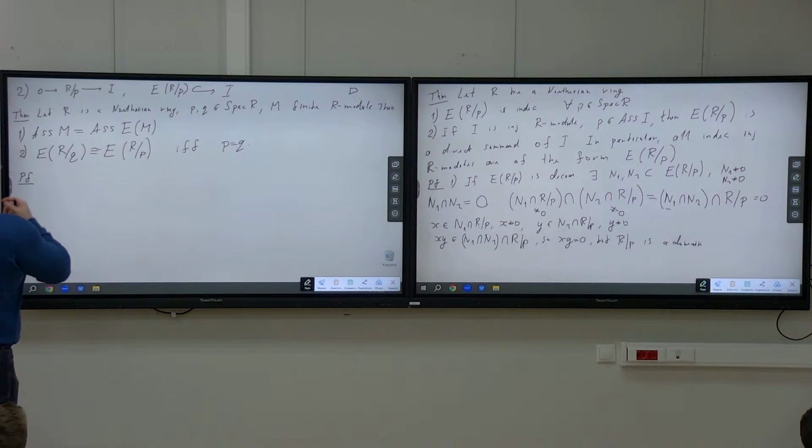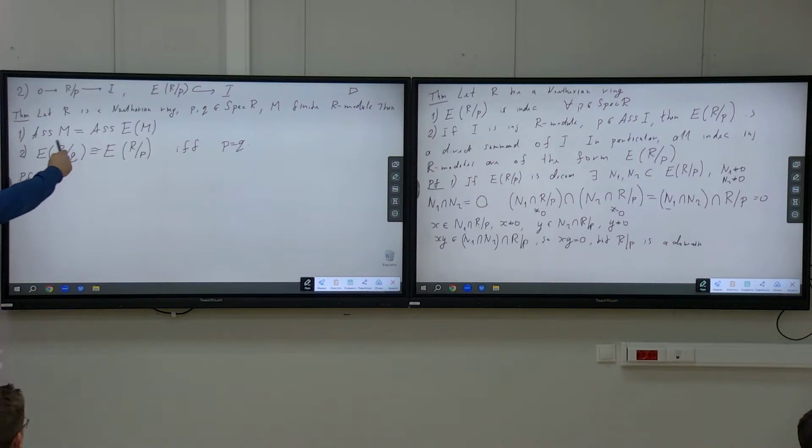Well, what we can extract from this theorem, for example, is another way to define associated primes. You take a module, take its injective hull, and decompose this into indecomposables, so it will be a direct sum of such things. And you see some list of prime ideals.